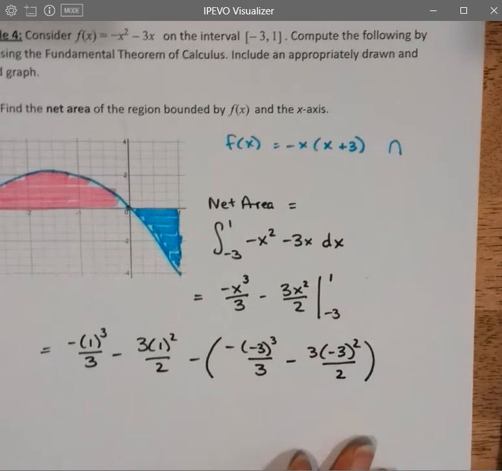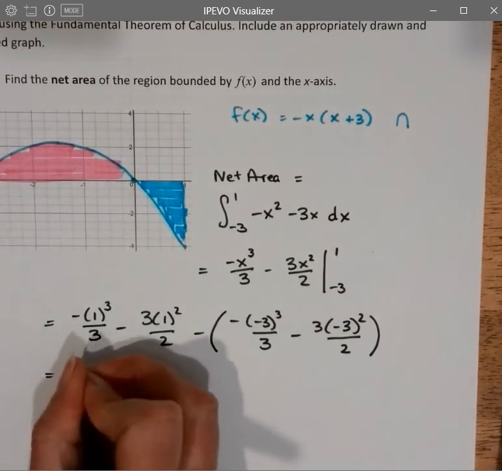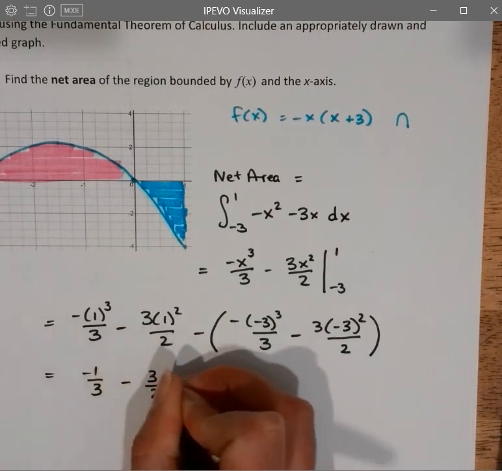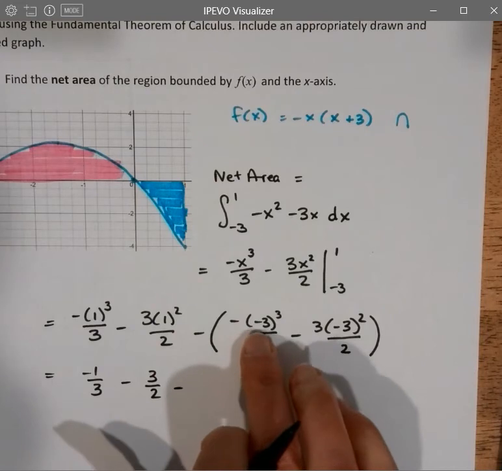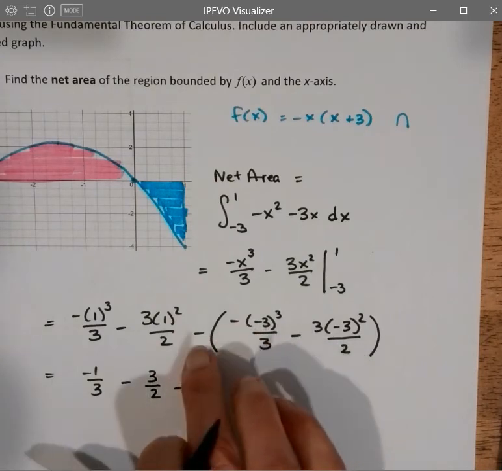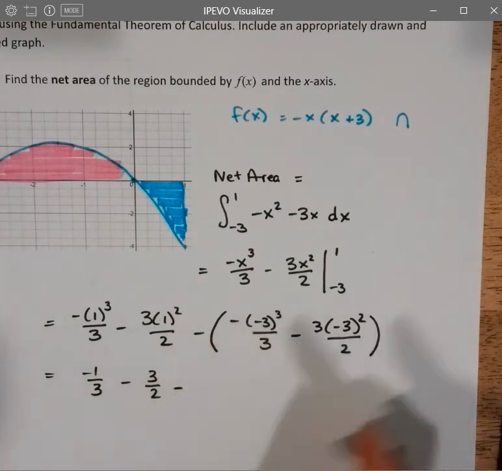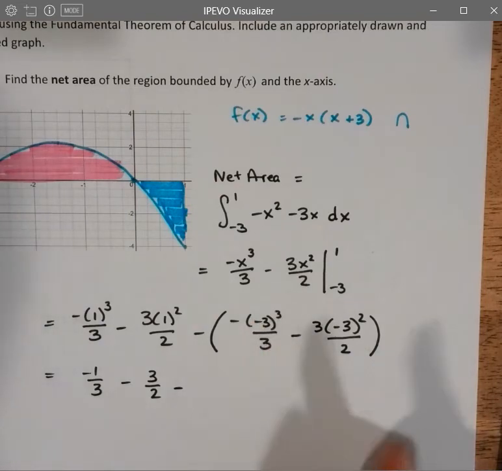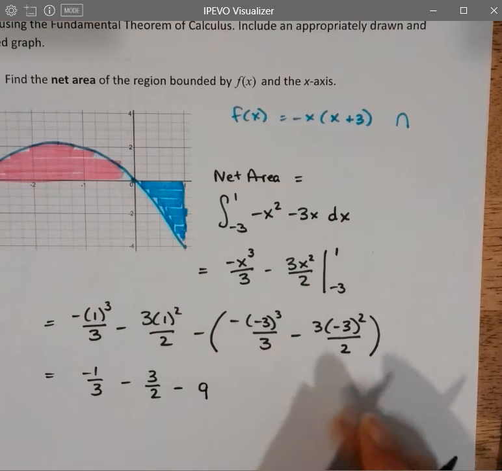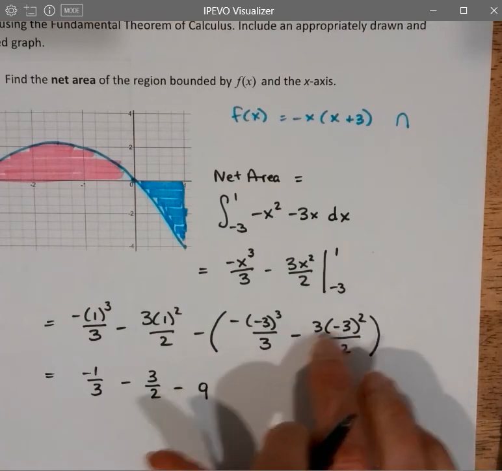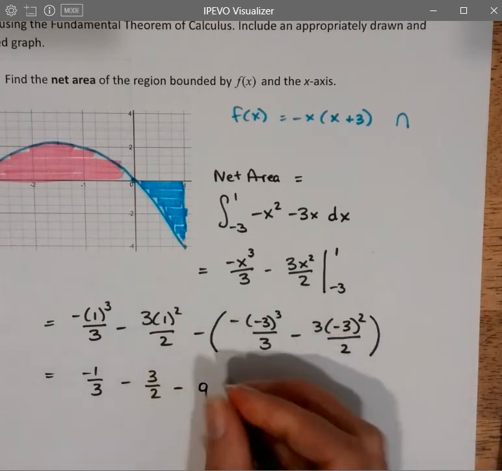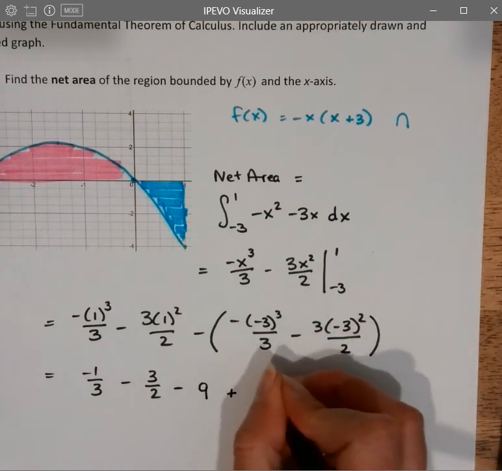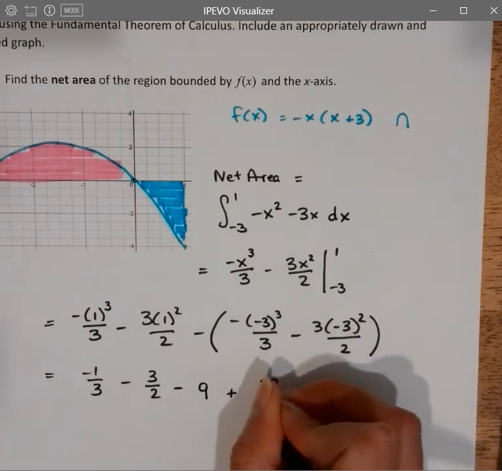Some of the simplification we can do by hand, and so this first one comes out as negative 1/3 minus 3/2 minus, so this is going to have 3, 4, 5 negative, so this first one's going to be negative, and 3 cubed, 27 divided by 3 is 9, so it's going to be a minus 9. This one's going to have 2, 3, 4 negative, so altogether positive, and it's going to be 27. 3 squared is 9 times 3 is 27 over 2.